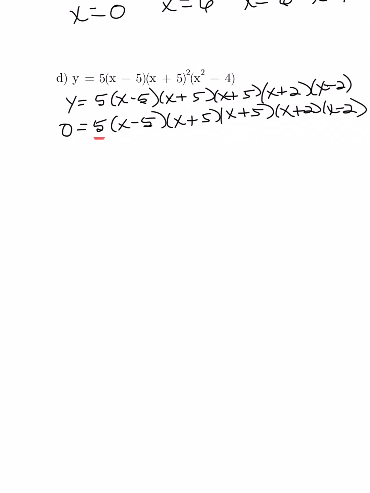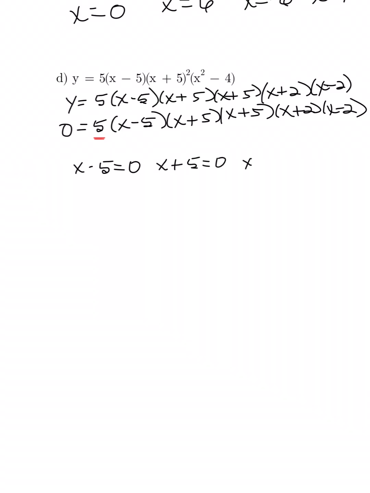We set our first quantity of x minus 5 equal to 0. We next have the quantity of x plus 5 appearing twice. We do not need to write it down as an equation twice. So we are just going to write one time x plus 5 equals 0.